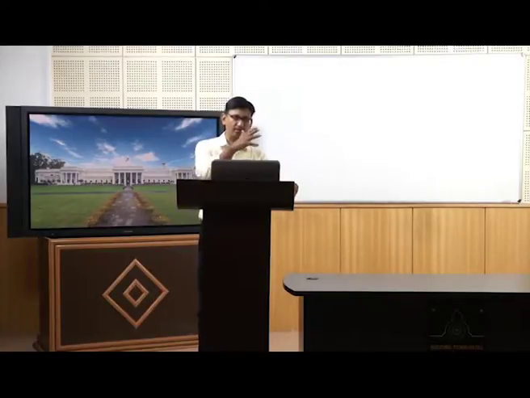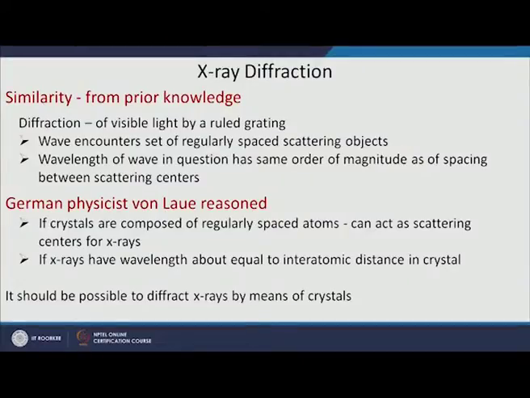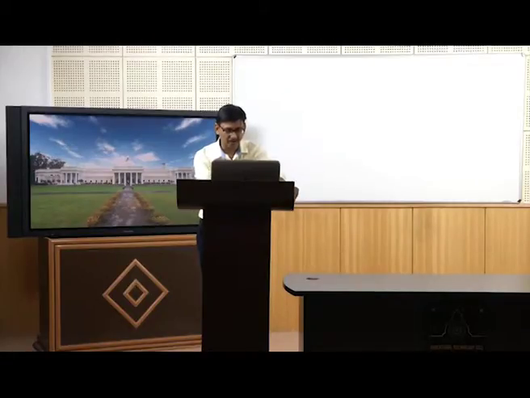So, if these X-ray waves interact with these regularly spaced atoms, there must be some effect like diffraction. So, he reasoned that you can use X-rays to do a diffraction study in crystals, and by that we will be able to know a lot of details about the crystal. A very nice idea.